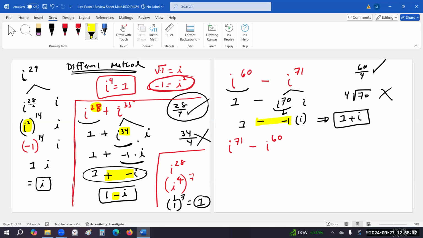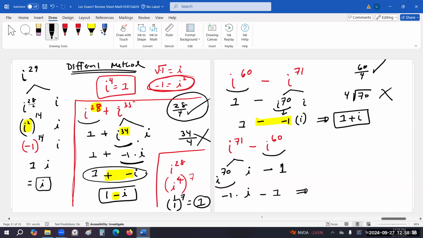Sure, go ahead. i and i. Then negative i. 1, negative 1, and then i. 1 minus 1. So what is our final answer?